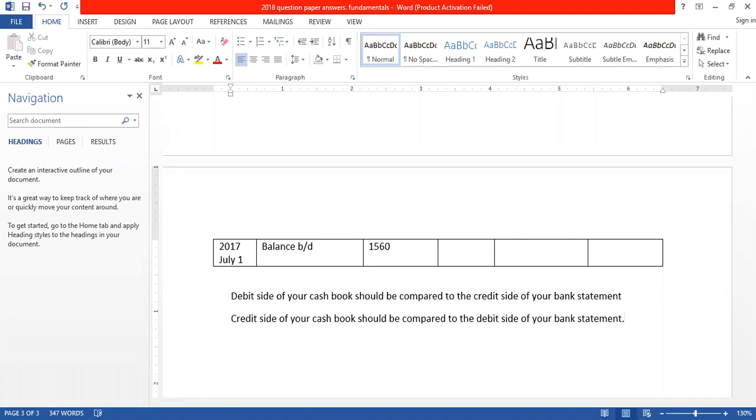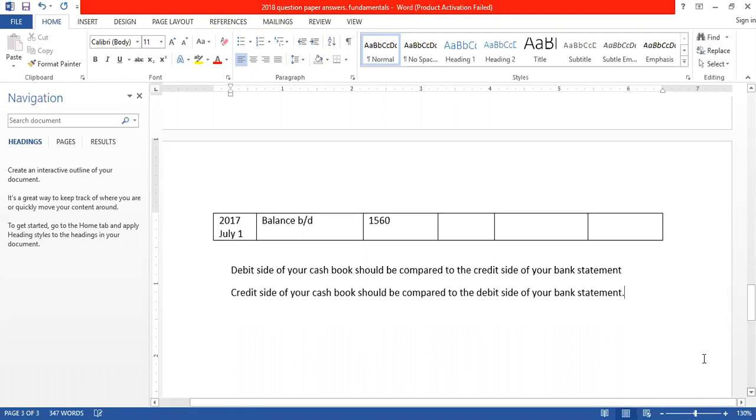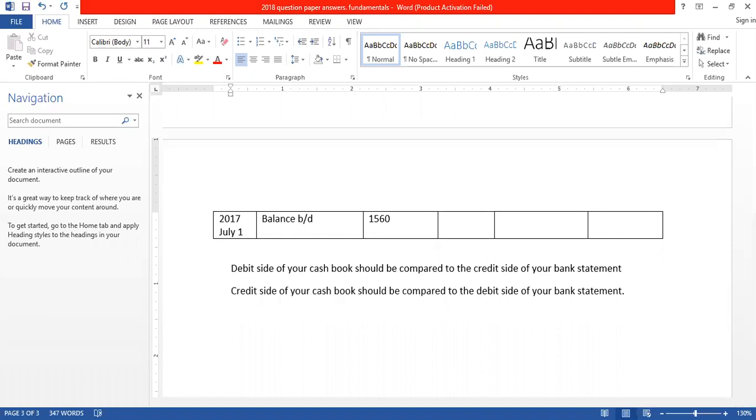Okay. And then from there, now that we are done with A, we move on to B, or to 3.2, which is our bank reconciliation statement.